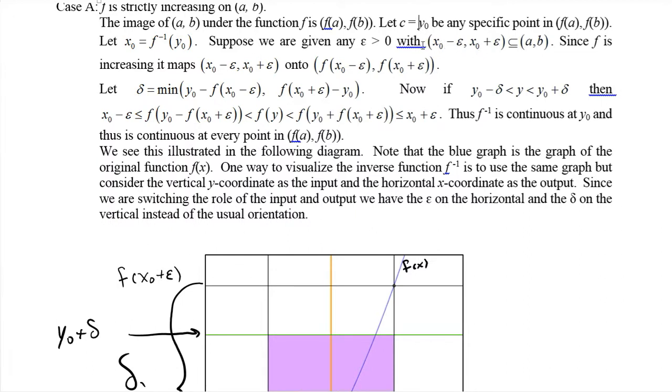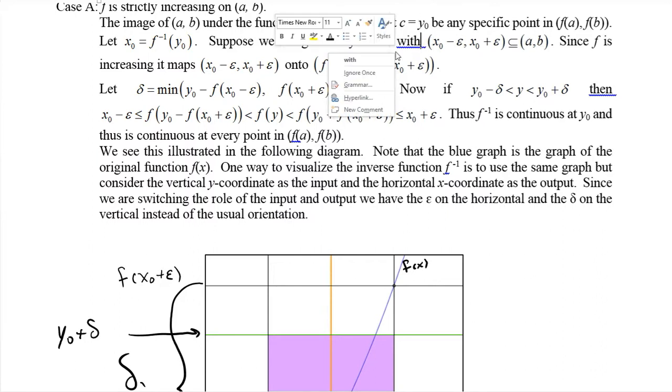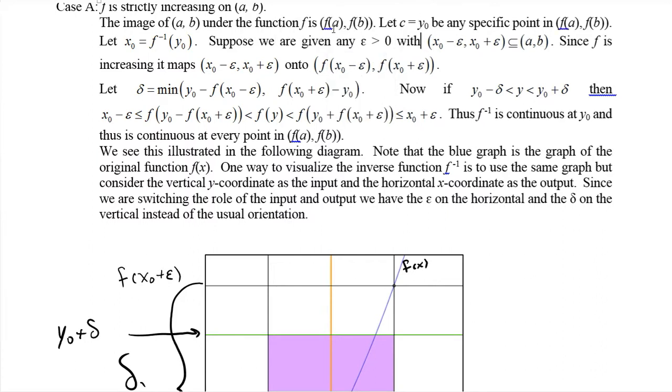We just need to make sure that we're choosing stuff that's within our interval. Okay, and we want x sub 0 minus epsilon to x sub 0 plus epsilon to be a subset of our original interval AB. As long as we choose it that way, then we're okay.